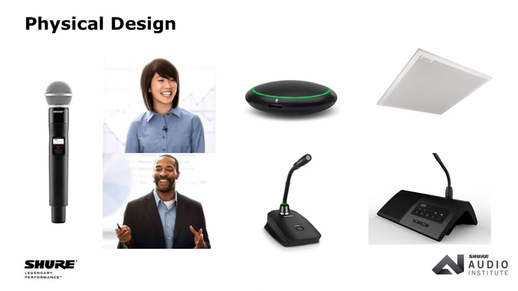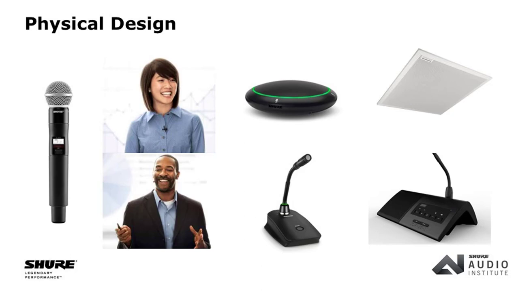Then over on the far right there, we've got a couple of a little bit more special purpose solutions. At the top, we've got the white square, which is an array microphone that fits in the ceiling. And we'll talk more about array microphones in a little bit. But ceiling microphone solutions are great when you can't put anything on the table or you don't want to put anything on the table.